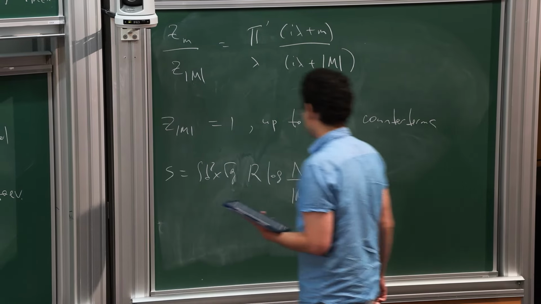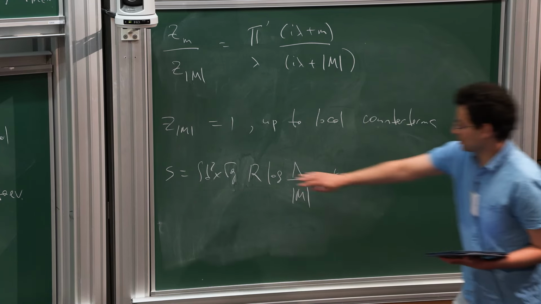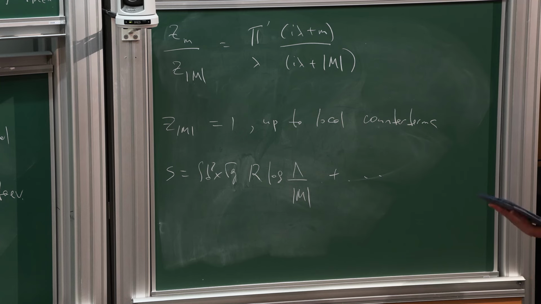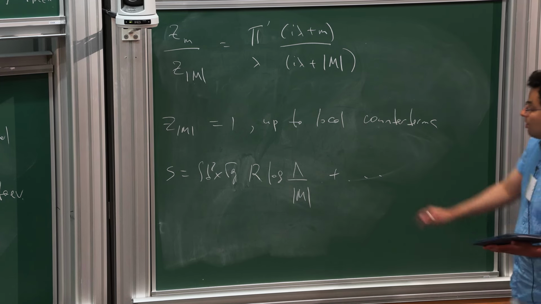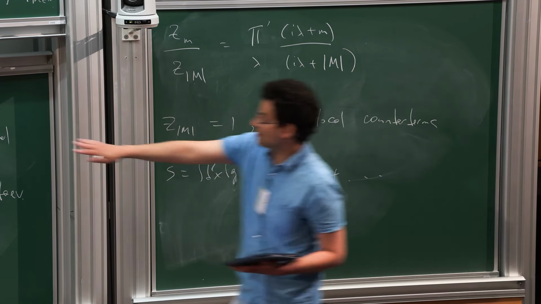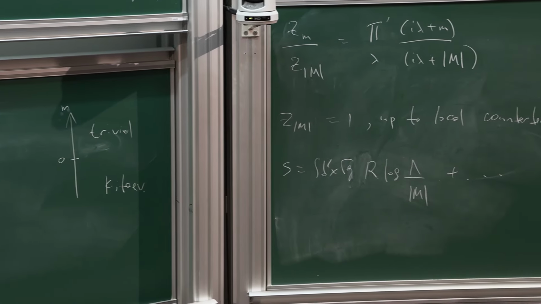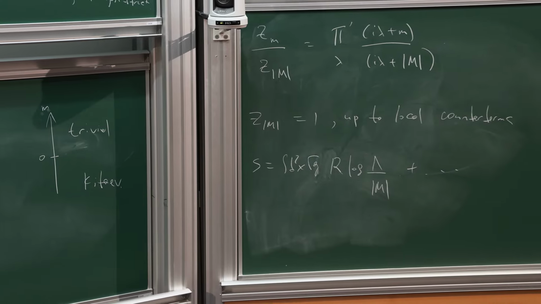This is something else, because this has the curvature. So this is something proportional to the Euler characteristic of the manifold. But we expect that in this phase with positive mass, we only have these local counter terms that we can tune away.